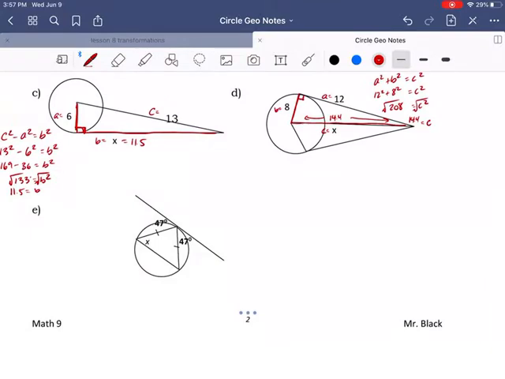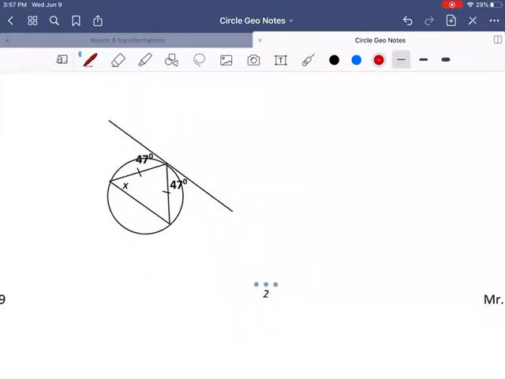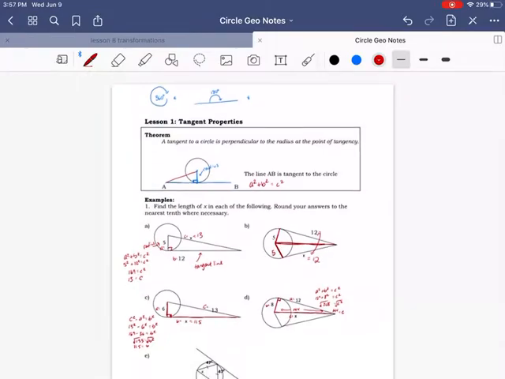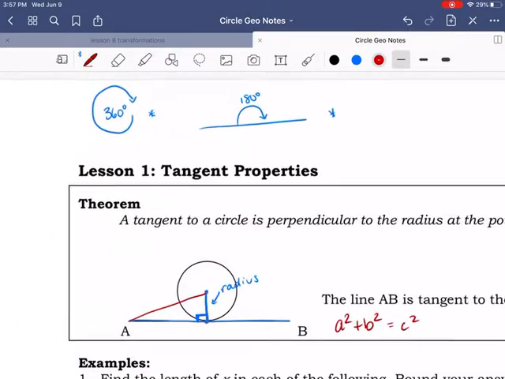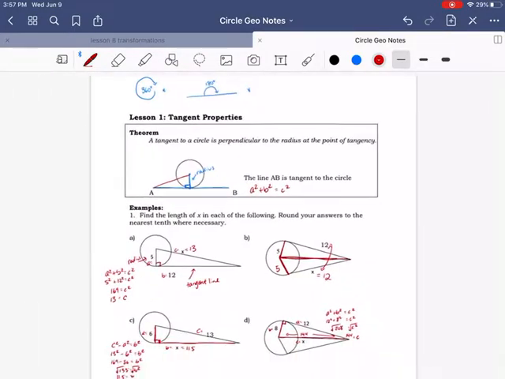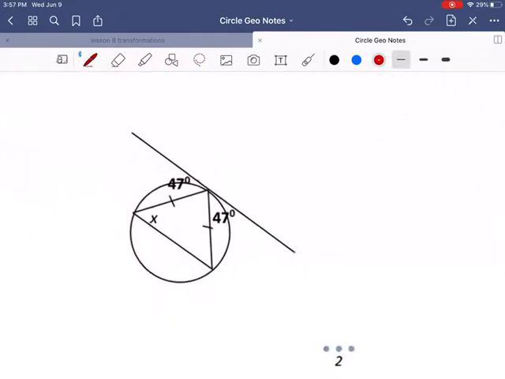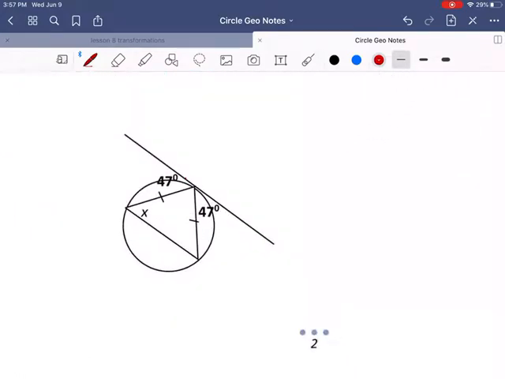Here's one that doesn't involve a tangent line, but it involves a straight line. Okay, so this is a straight line here. Now, if we go back to that first thing I made you note, that a full circle is 360 and a straight line is 180, let's go back to this example. So this full angle here is going to be 180 degrees.